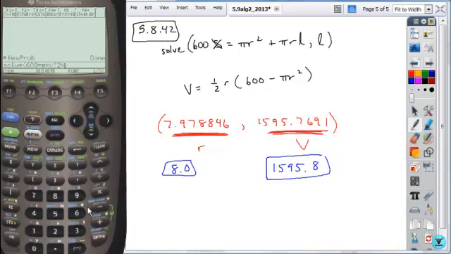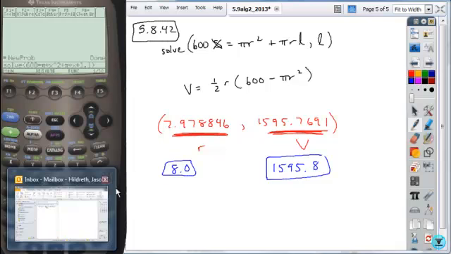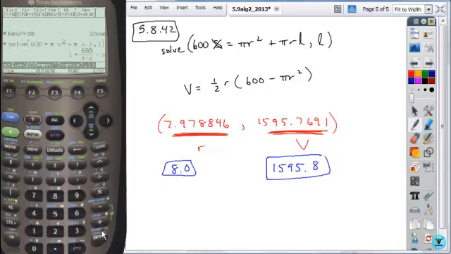R squared plus pi times x times, and I'll go ahead and leave L there, and I'm going to solve for L. So when I do that, I get my equation. And all I need to do with this equation then is to substitute this number in for r.